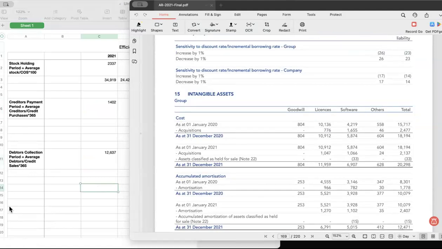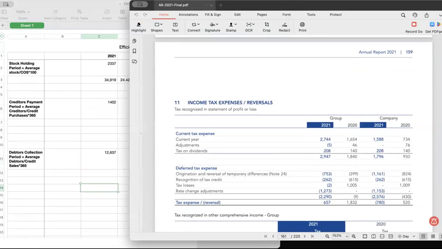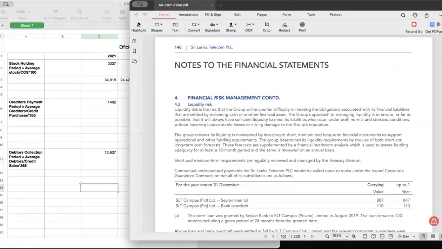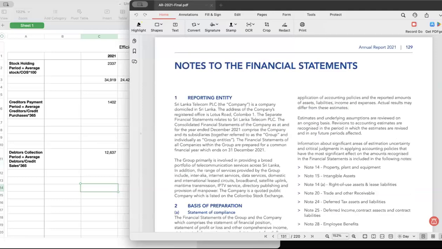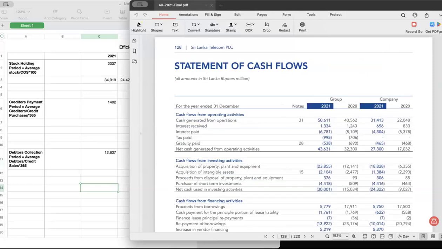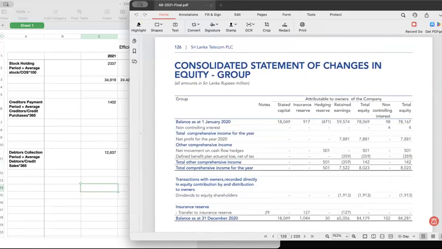Has anyone got any questions so far? Is it clear? Yes, no? Please type something on the chat box or unmute your mic and tell me. Yes, it's very clear, no problem.